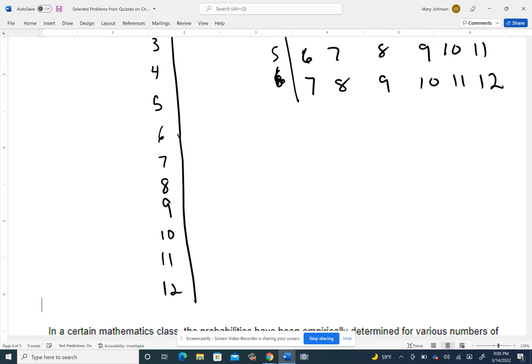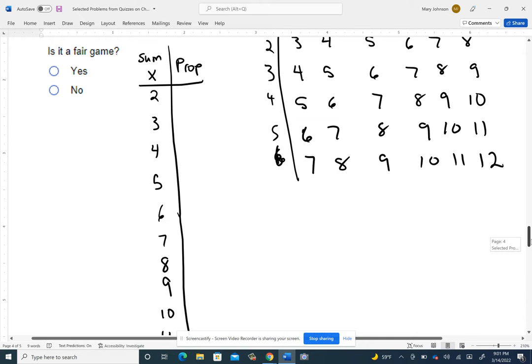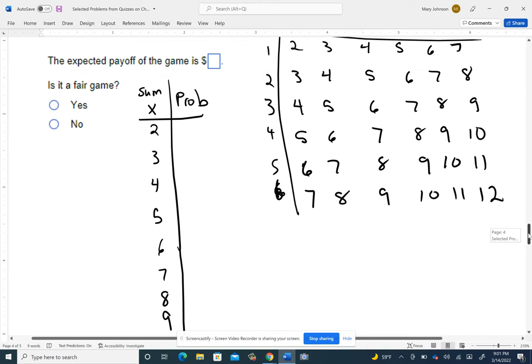Right? Once we get started on it, we'll notice a pattern that we can use to complete it. So the probability, that's supposed to be a P, the probability of getting a sum of 2, there was only one outcome that was a sum of 2, and that's out of the 36 possible outcomes.